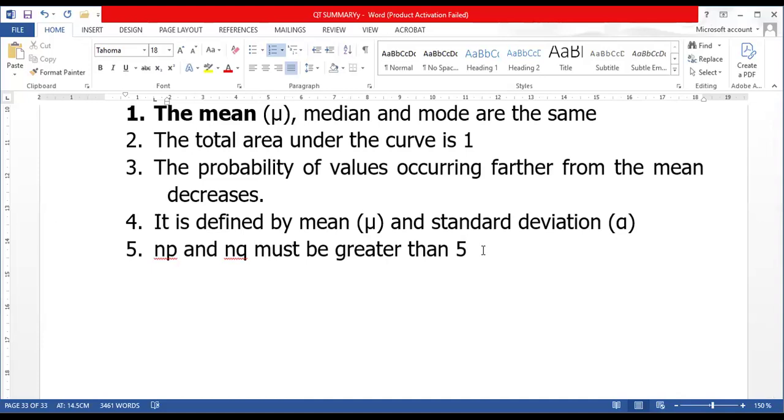I have to bring in the concept of binomial distribution. So please, this one is very, very key as you tackle the calculation questions.